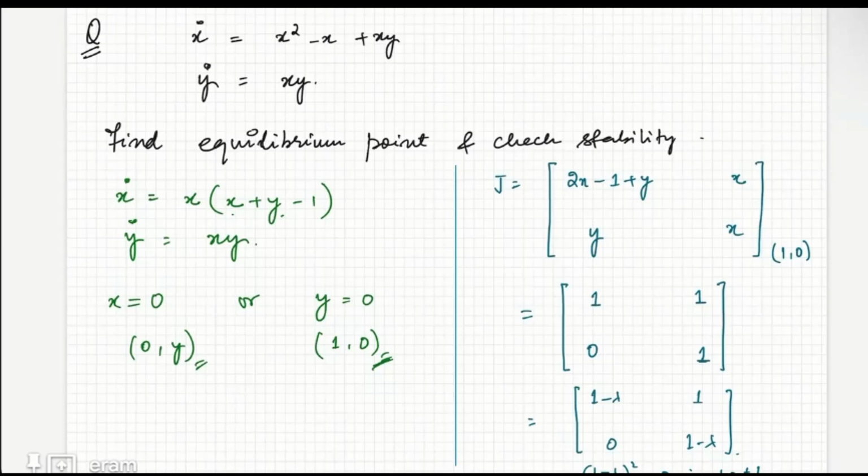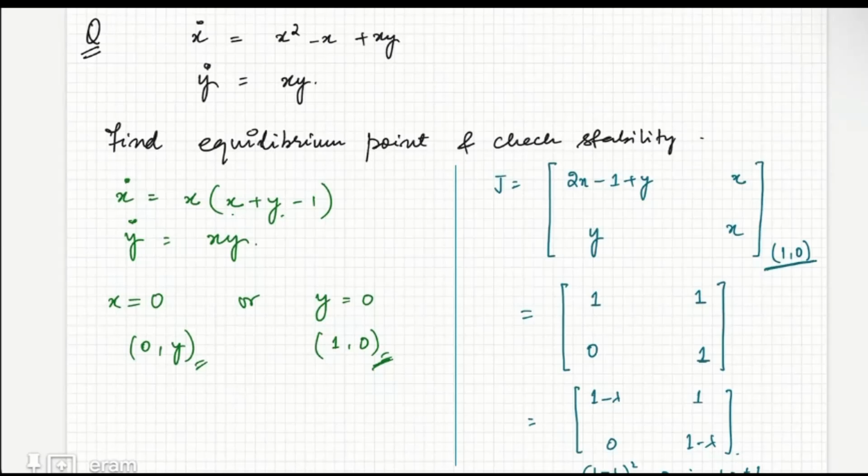So the trajectories which start in the neighborhood of the point (1, 0) will not be bounded. That means they will move away from the equilibrium point (1, 0). Every trajectory which starts in the neighborhood of (1, 0) will go away from it.